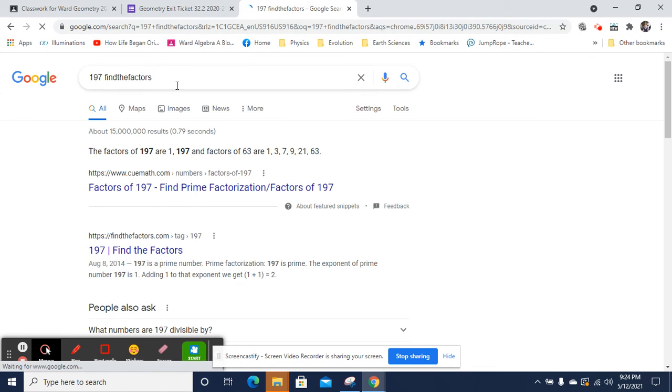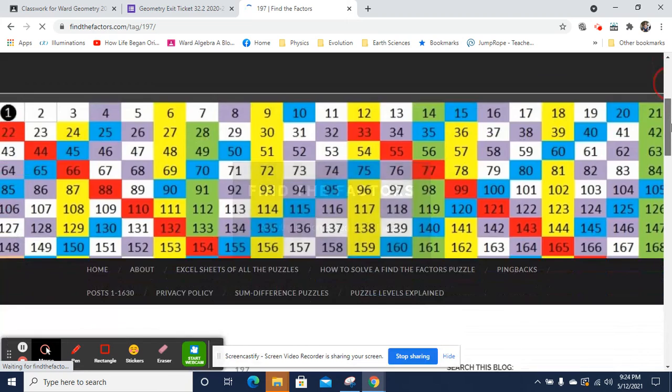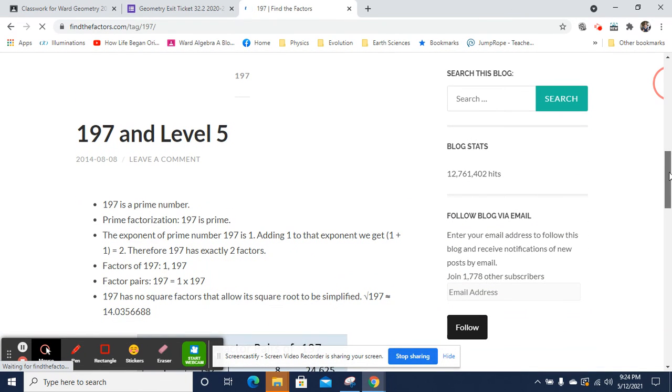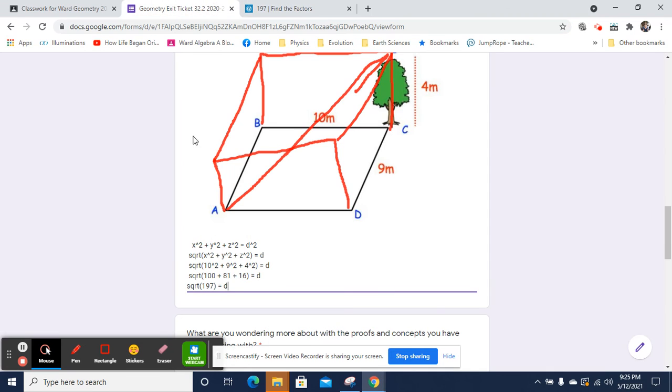There's a nice little website with information about finding factors. Here we go. Looks like it's a prime number, so we can't simplify it at all. So that is the exact answer. I'm going to put meters there.